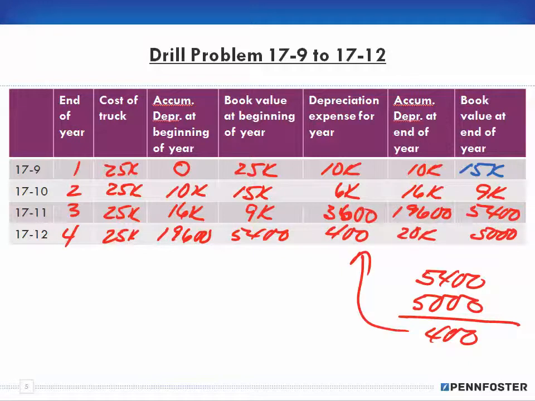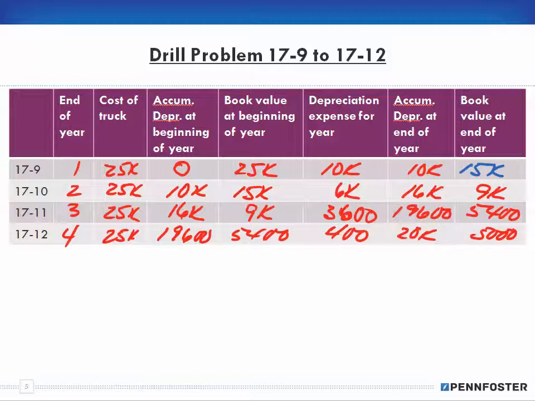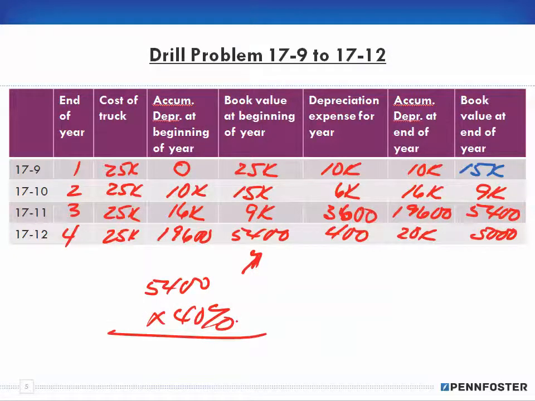Now pay attention to what I did there. If I had taken the 5,400 right here and multiplied it by 40%, my depreciation would have calculated out to be $2,160.